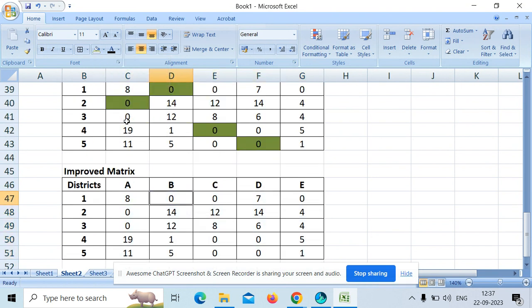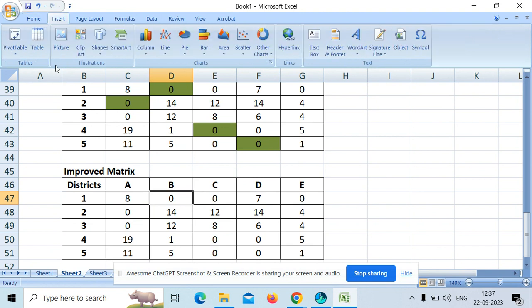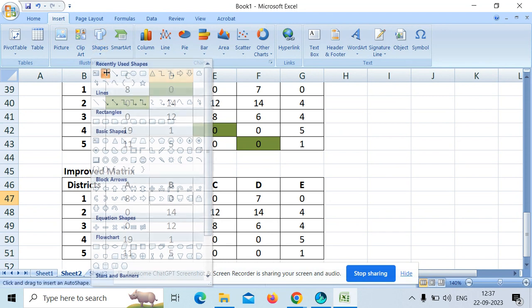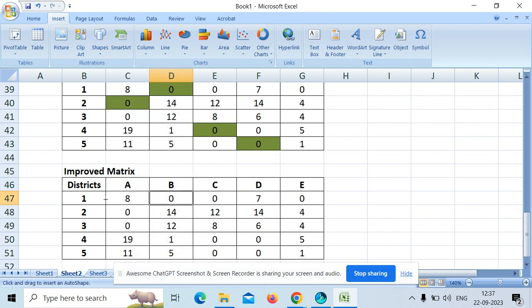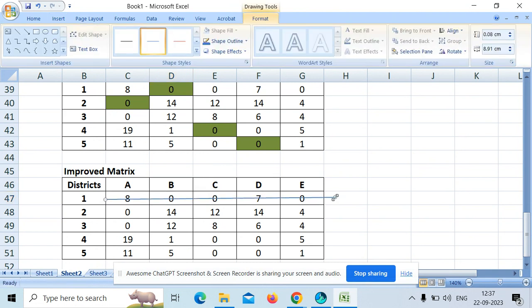So what is the improved matrix? Insert minimum lines to cover all zeros.